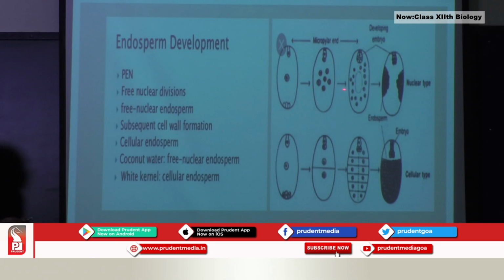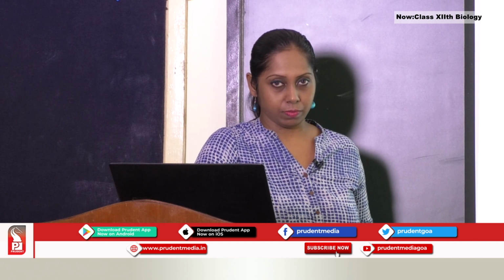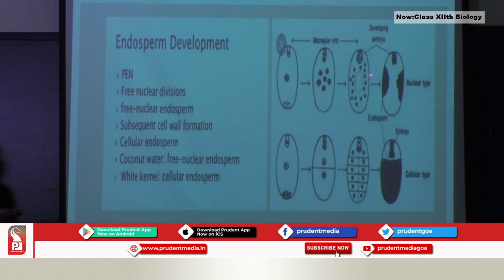So what you notice here are free nuclei formed through mitosis, freely circulating in the primary endosperm cell. And how are these free nuclei formed? Through mitosis and only with karyokinesis.